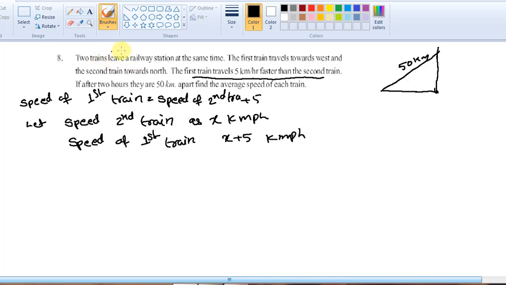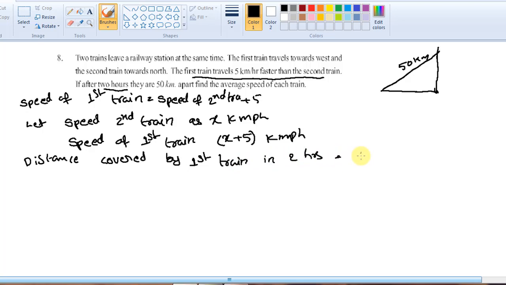Now here both trains travel for how much time? 2 hours. That means the first train travels x plus 5 kilometers per hour, and it has traveled 2 hours. Then the distance covered by the first train in 2 hours is equal to 2 times of x plus 5.